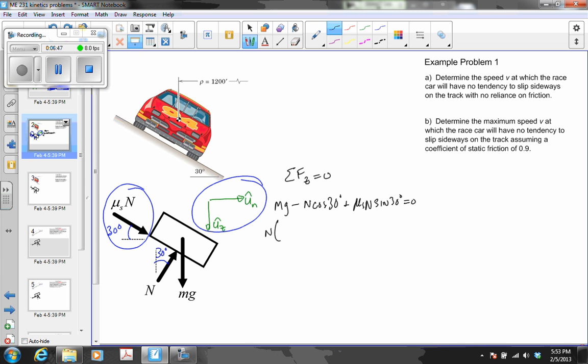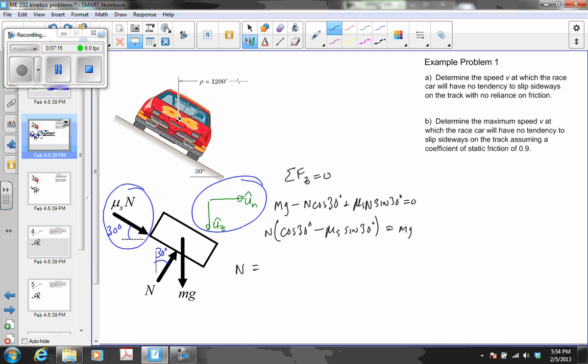So this would give me n times cosine 30 minus mu s sine 30 equals mg.